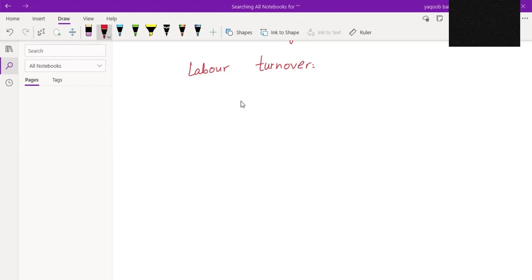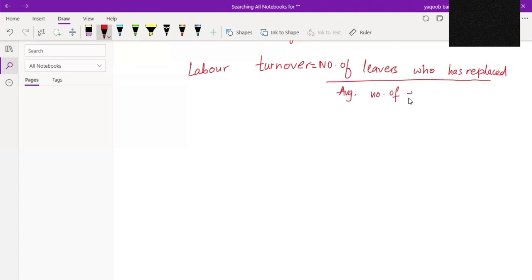So to calculate labor turnover, you must know the formula: number of leavers who have been replaced, divided by average number of employees, into 100.